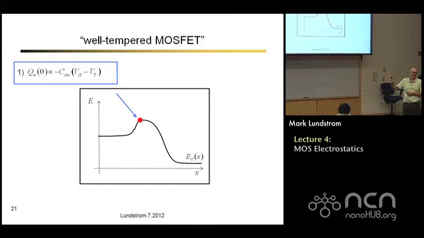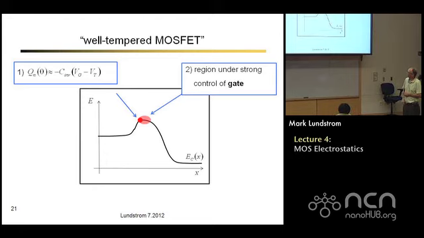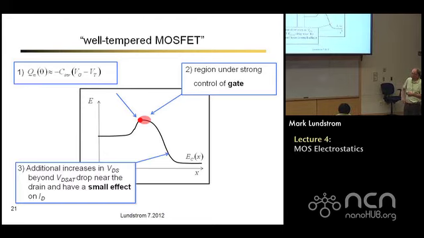That's what your goal is when you do electrostatic design. And that's why people are going to FinFETs and nanowires and things. It helps to wrap the gate all the way around the channel. And then we have this region under strong gate control, and we have that region under strong drain control. So which part is controlled by the gate, which part is controlled by the drain, this all has to do with MOS electrostatics.